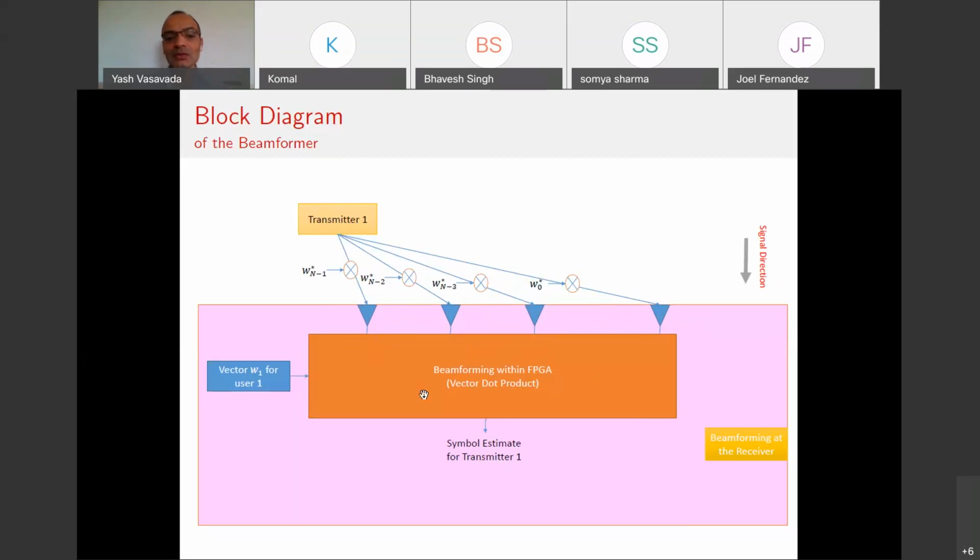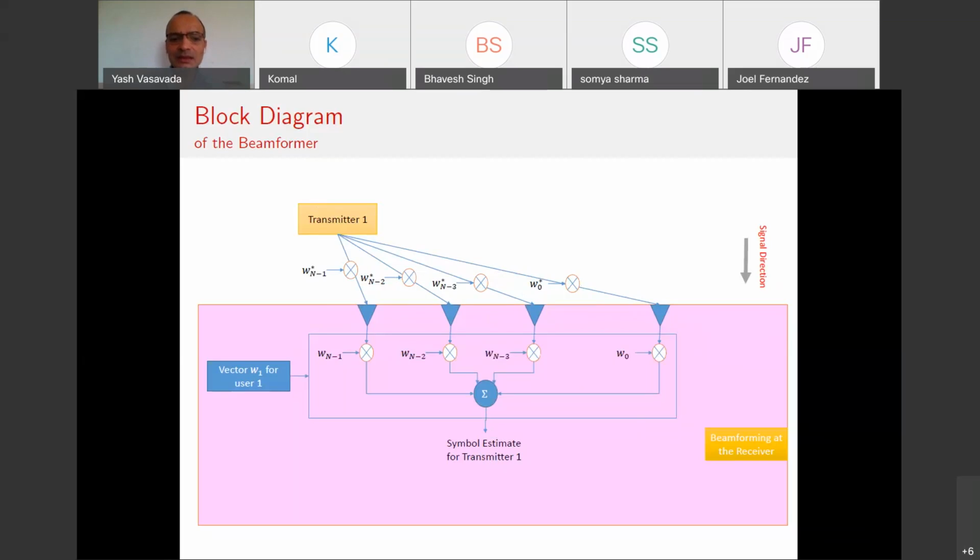And then what we have done within this block is obviously not beamforming, but it is called the match filtering operation at the CDMA receiver. It is a single user match filter. And the single user match filter, all that it does, as we have seen here, is assume that the receiver knows the direction of arrival, which can be estimated using the algorithms that you are implementing as a part of the currently ongoing lab.